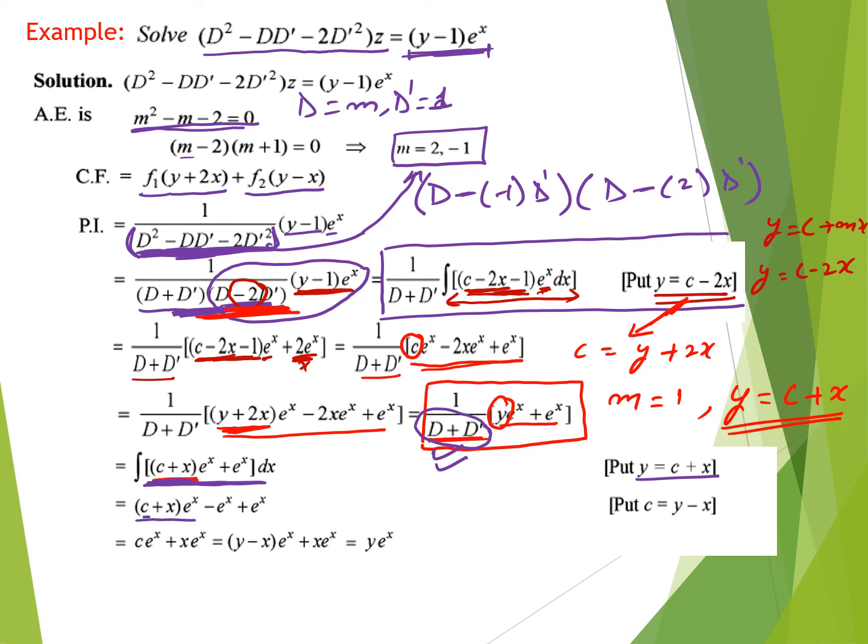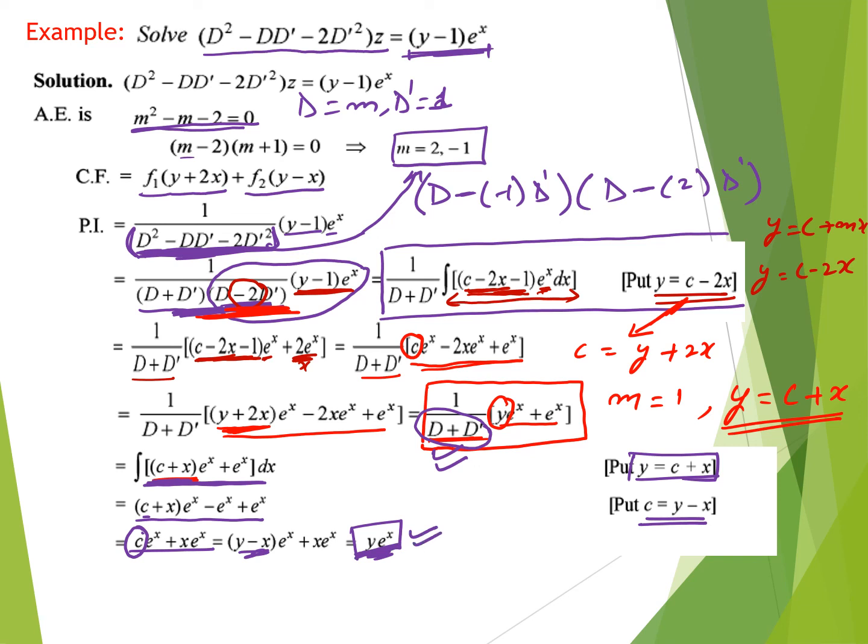After integrating, we get this term, and again in this term we have the term c, and the value of c is calculated from this line equation because we have substituted the value of y in terms of c. Again we calculate the value of c, that is y minus x. We substitute y minus x over here, and we get that PI is equal to y e to the power x.